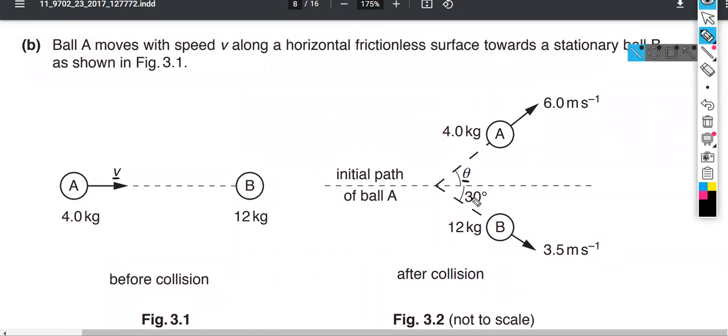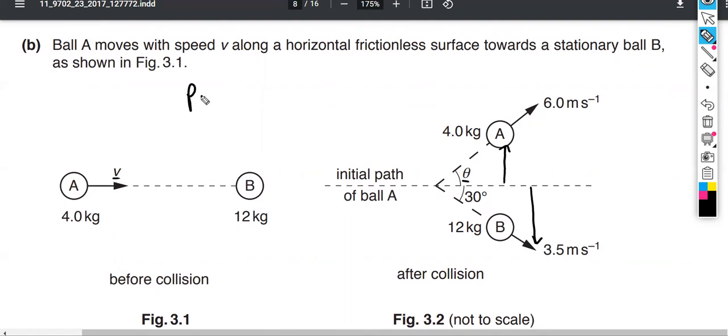The right angle to the initial path would be this direction here, right? So there's a component of ball A's velocity that moves up, and there's a component of ball B's velocity that's moving down. So there's a down momentum and an up momentum, and they're equal to each other because the initial momentum in the y direction is 0.